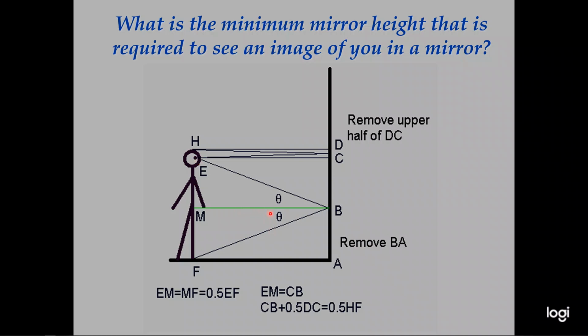This angle theta and this angle theta have to be the same because of the law of reflection. Because of that, I can remove this bottom part of the mirror. I don't need it. I can see my feet if I still remove the part that goes from B to A. Okay?